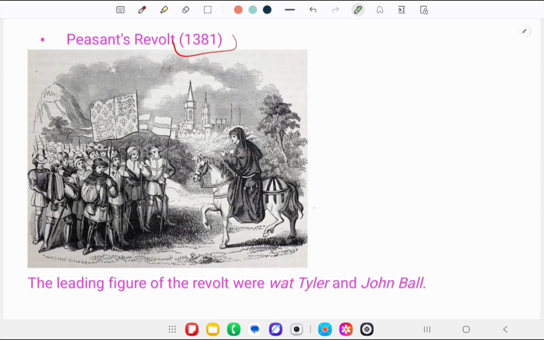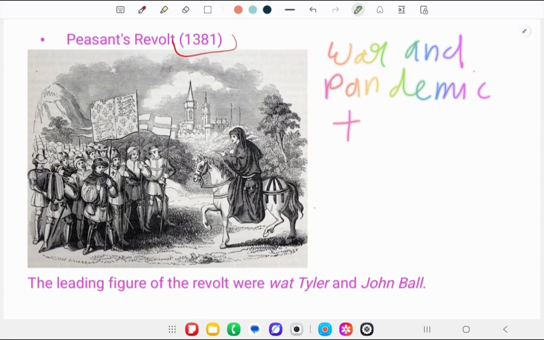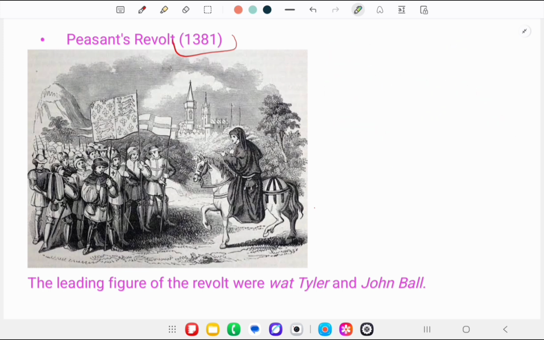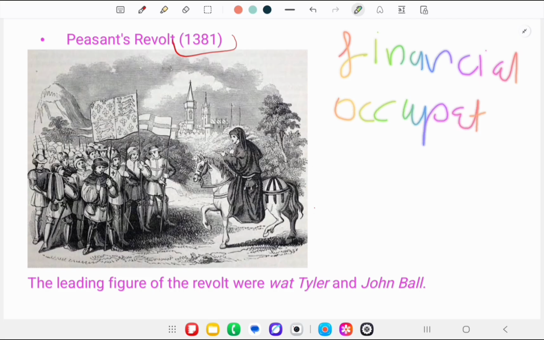Given the war and pandemic together, peasants were the ones who faced a lot of adversity on financial, occupational, and social fronts.